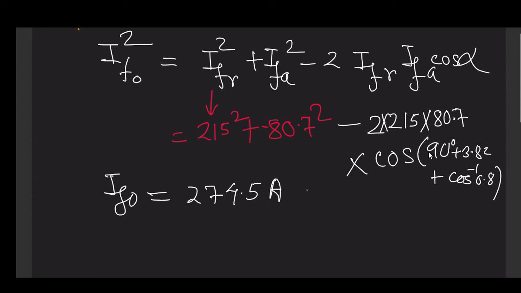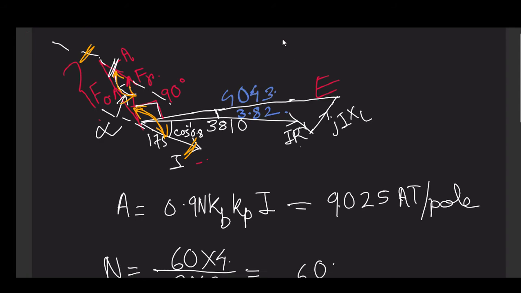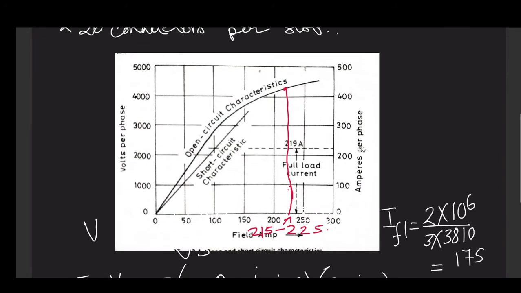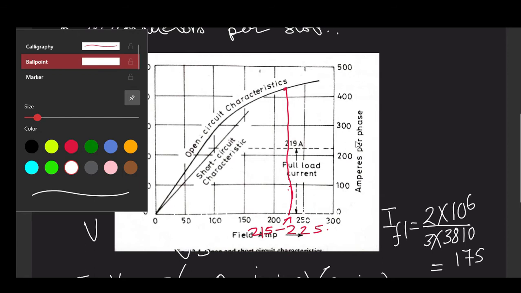Well, so this is giving us IF naught. Now for this we need to figure out the corresponding value from this. So it is 274.